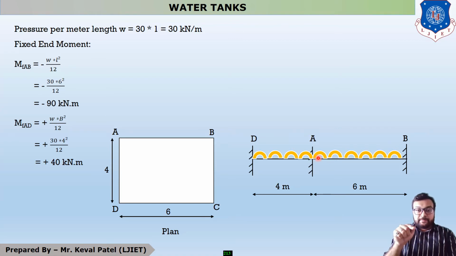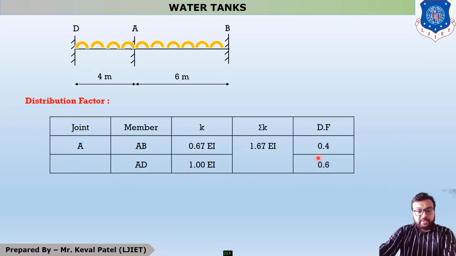So at junction A, the 90 moment is anti-clockwise and 40 is clockwise. It means your junction A is not balanced. So first of all, we have to balance that junction, and after that we have to design any component. So we have to balance these junctions with the help of the moment distribution method.